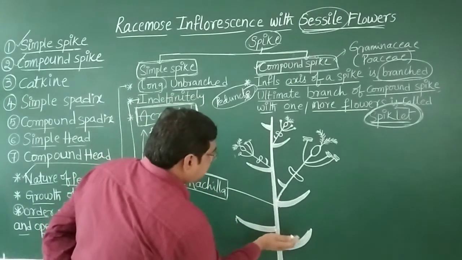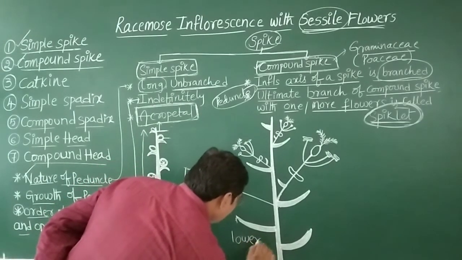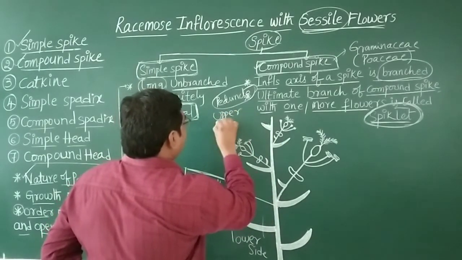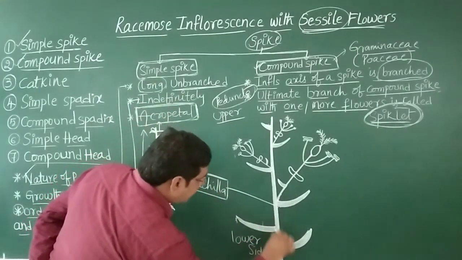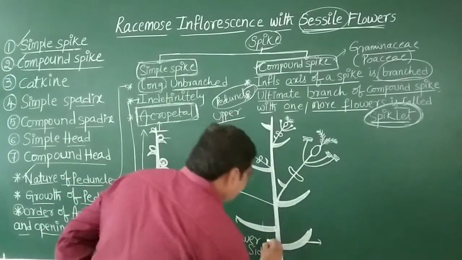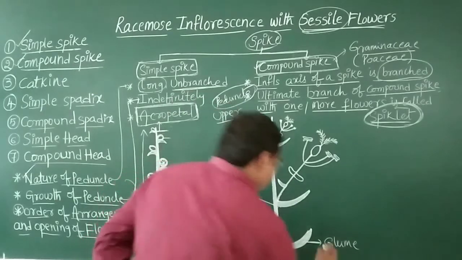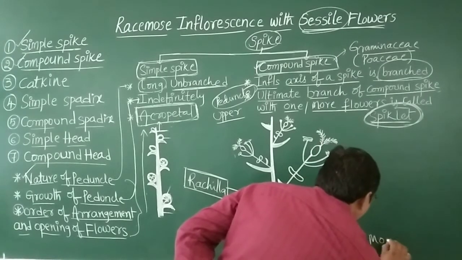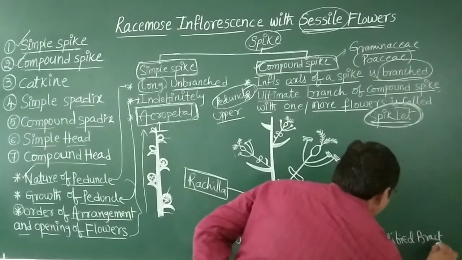On the rachilla, some bracts are present. Here, this is the lower side and this is the upper side. On the lower side of the rachilla, some structures are formed. These structures are called glumes. The glume is a modified bract.